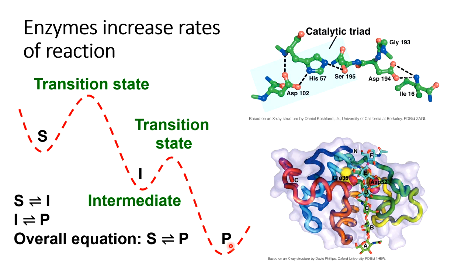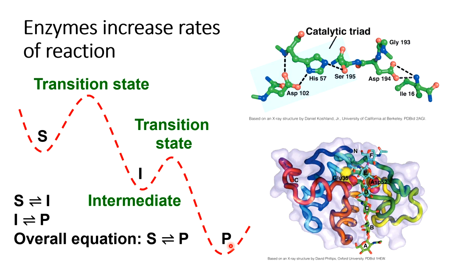So instead of just thinking of the overall equation as being S to P, we can think of the reactant S as first converted to intermediate I, and then the intermediate I is converted to P. But if we cancel everything out, the overall equation is still S to P. So the catalytic reaction doesn't change the reaction.